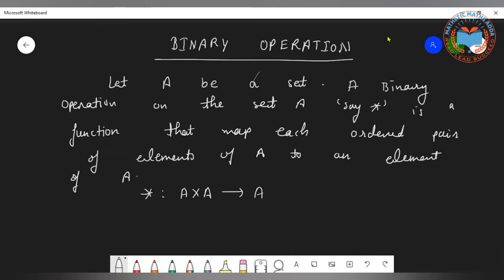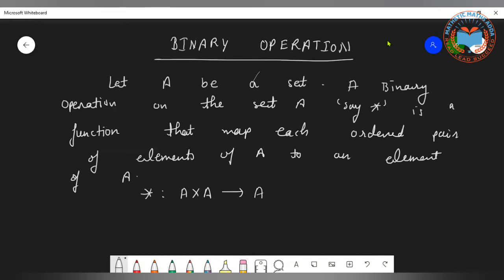If the elements in the codomain have the unique pre-image in the domain, then in this case the relation is called a function. So a binary operation is a function from A cross A to A.